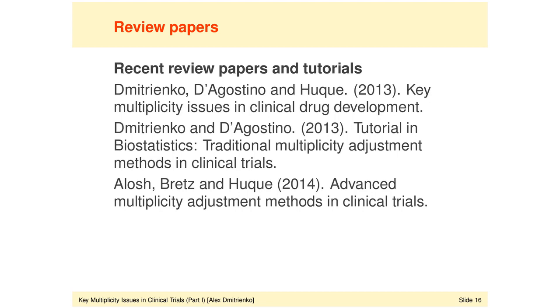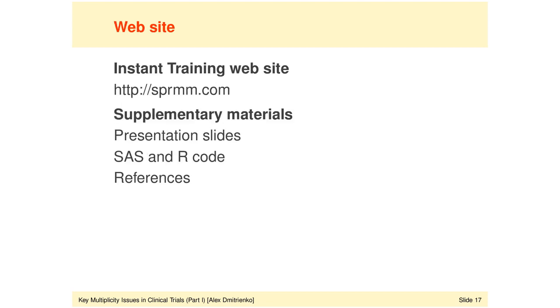And you will see several review papers that I would recommend. Now, the titles, as you see on the slide, are Key Multiplicity Issues in Clinical Drug Development, Traditional Multiplicity Adjustment Methods in Clinical Trials, and also Advanced Multiplicity Adjustment Methods in Clinical Trials.